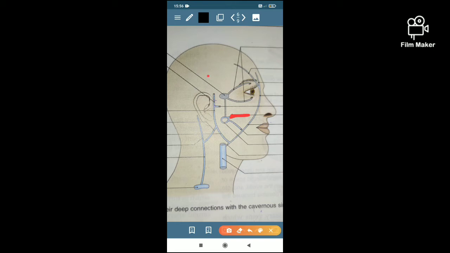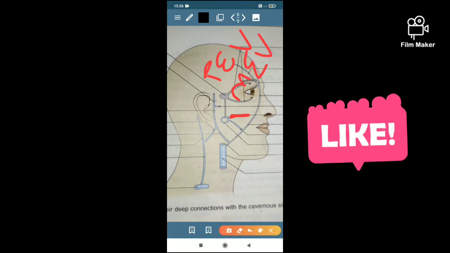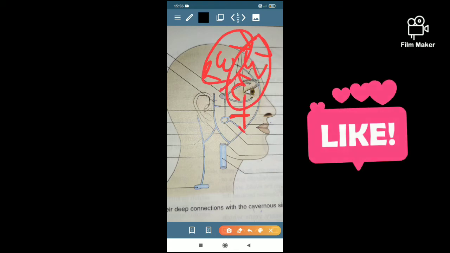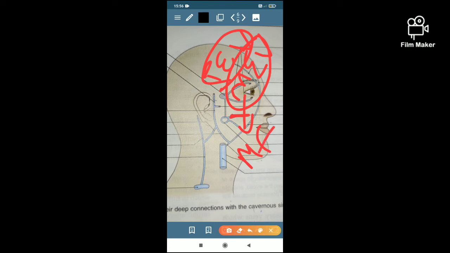There are many, like the parietal emissary vein and mastoid emissary vein. The mastoid emissary vein passes through the mastoid foramen, and the parietal emissary vein passes through the parietal foramen. So extracranial infections may spread through these veins to intracranial veins, the venous sinuses.